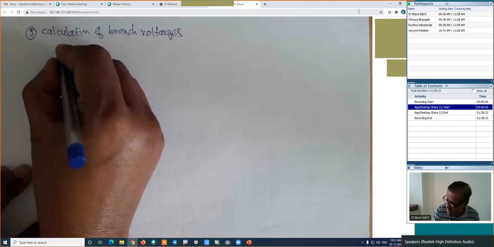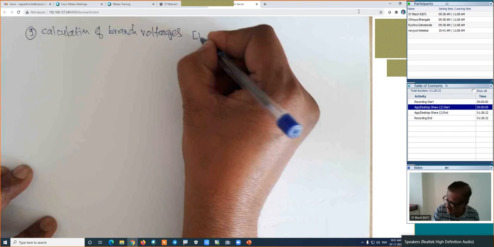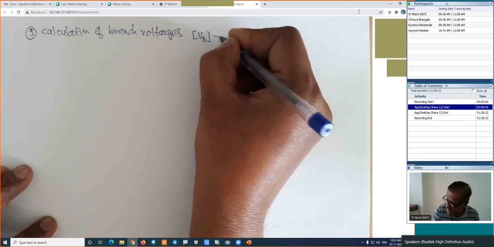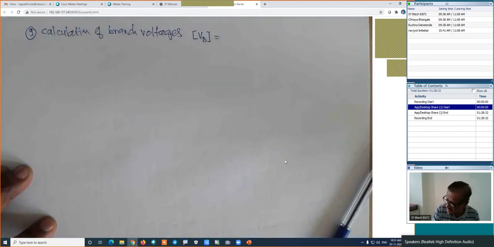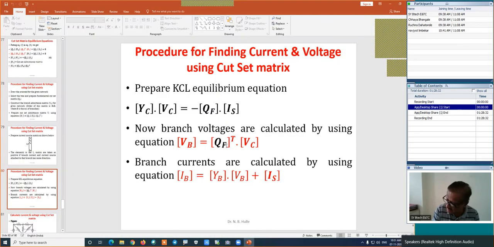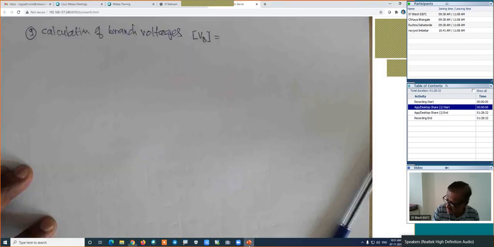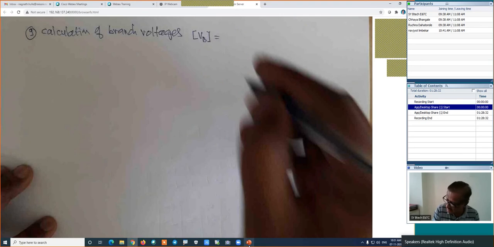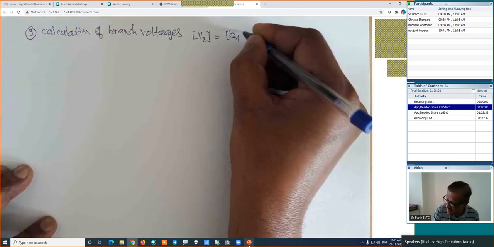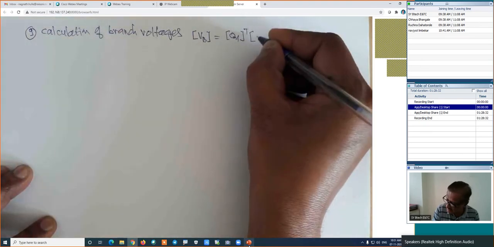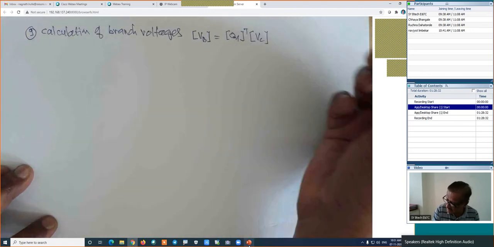The formula is VB equals QF transpose into VC.